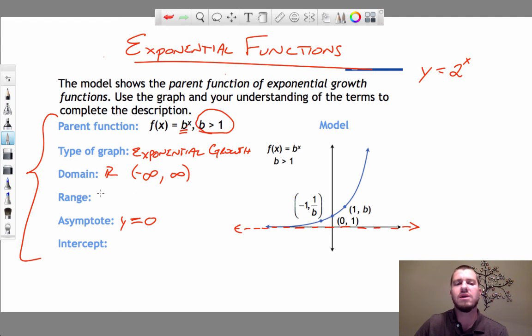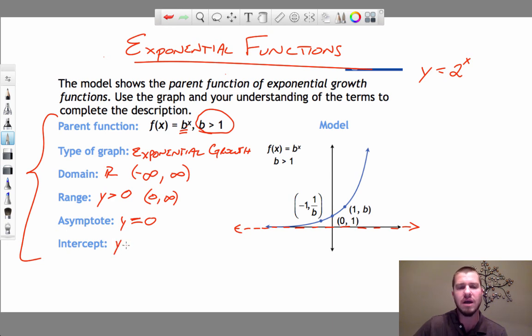So the range is where y is greater than 0. But notice that it's not equal to 0. The graph will never touch that asymptote. It just gets closer and closer to it. In interval notation, the range is from 0 to infinity, and it has the parentheses because it doesn't actually touch 0.